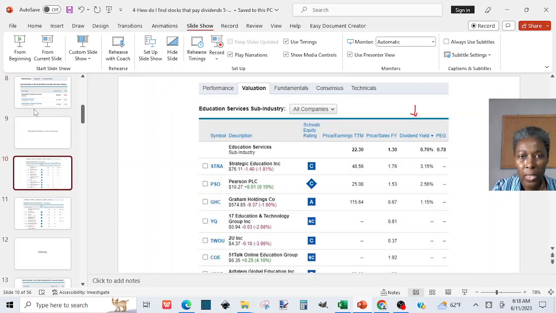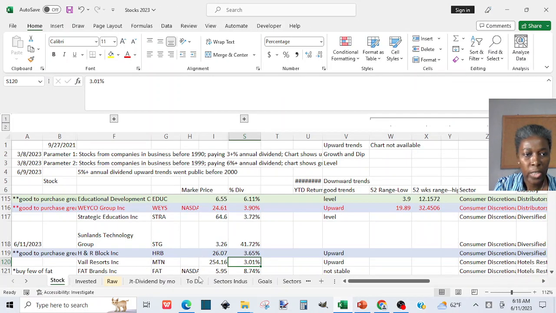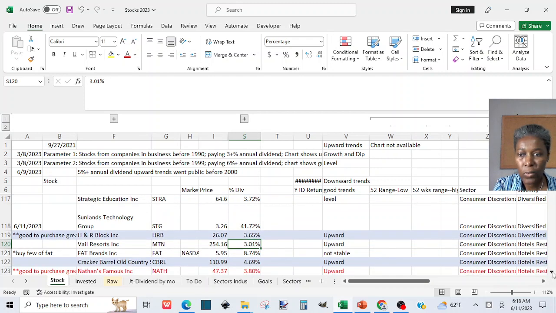So the first one in the education service, we have strategy, educational, and INC. So if you are working from your spreadsheet, you have the list of companies that you selected.